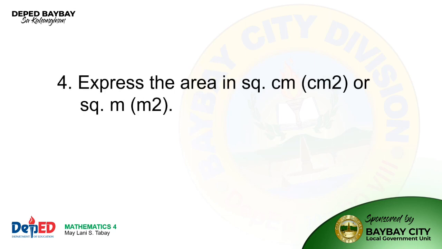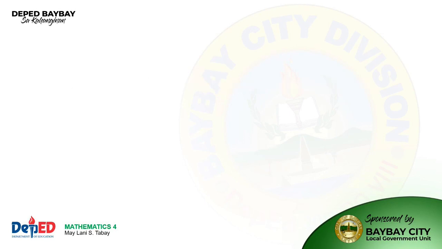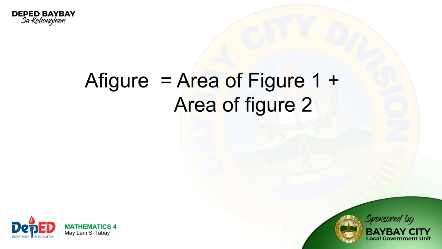Fourth, express the area in square centimeter or centimeter squared or square meter or meter squared. You can use the formula below. Area of figure equals area of figure 1 plus area of figure 2.